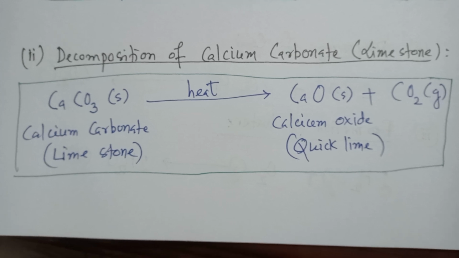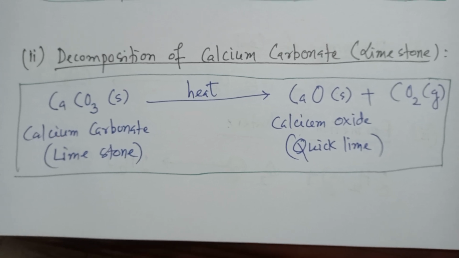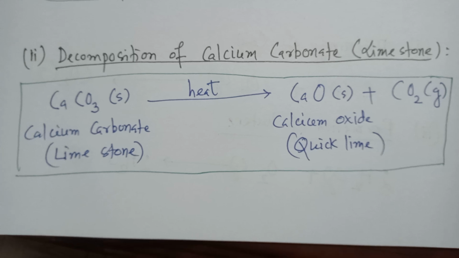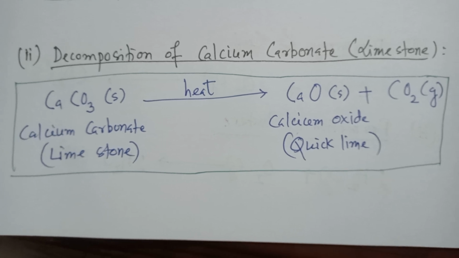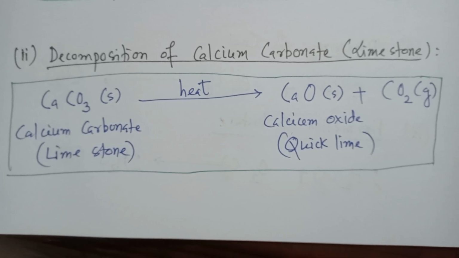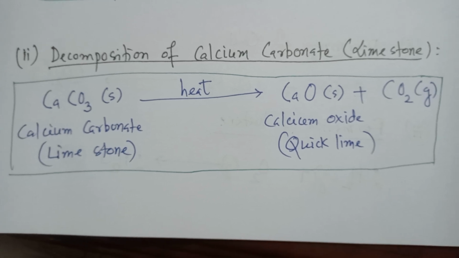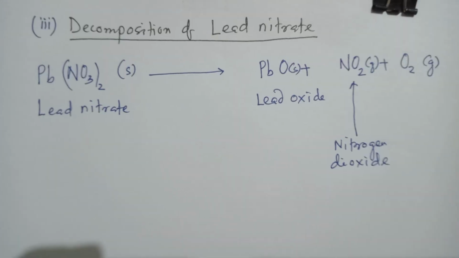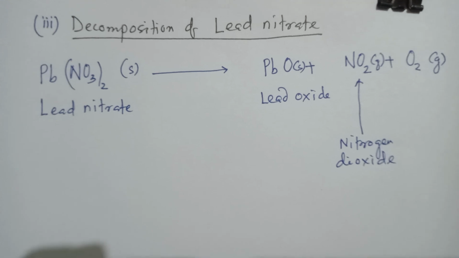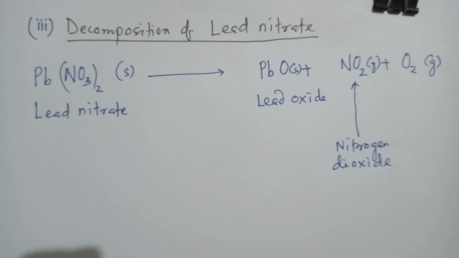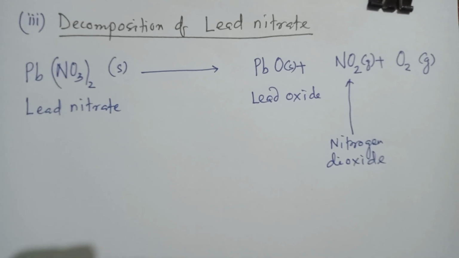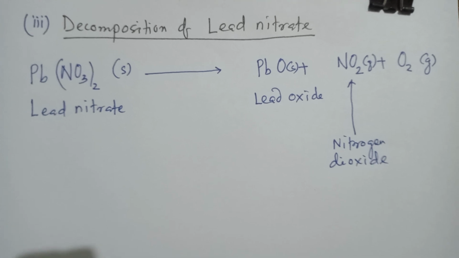So it is an example of a decomposition reaction where one reactant, that is calcium carbonate, is broken into calcium oxide and carbon dioxide. The third example is decomposition of lead nitrate.